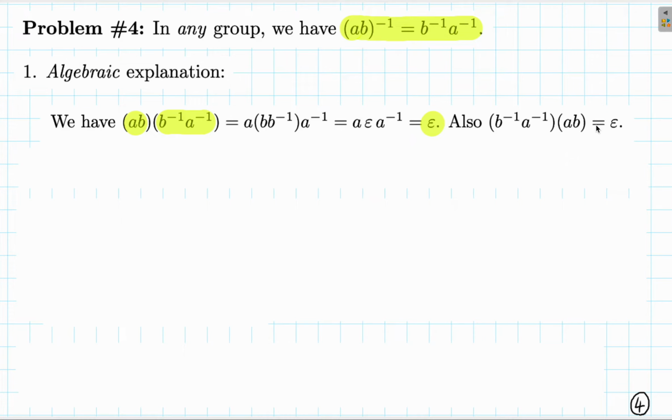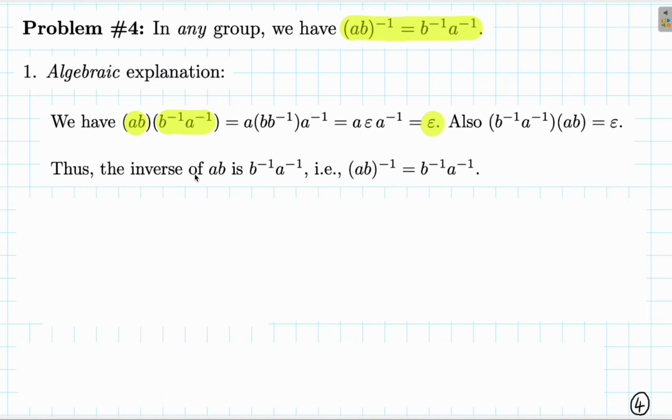And so what we see here is that AB and B inverse A inverse, those two products, if you will, are inverses of each other. In other words, the inverse of AB is equal to B inverse A inverse.